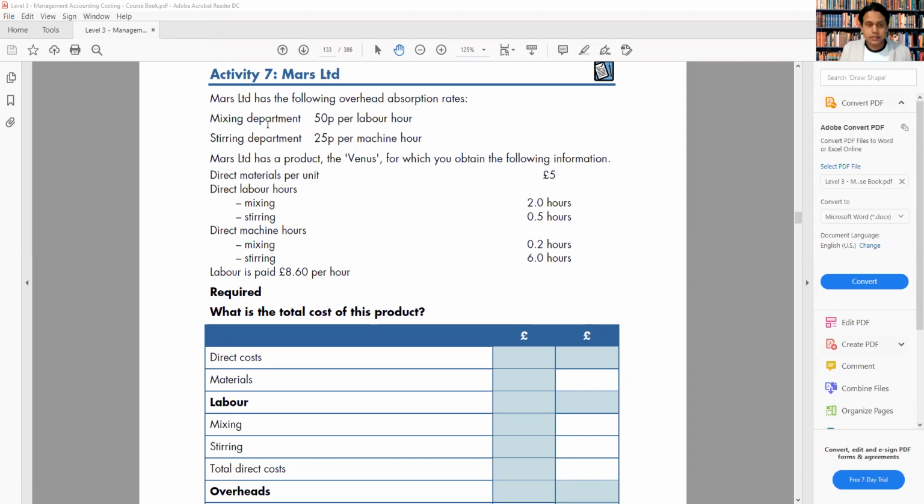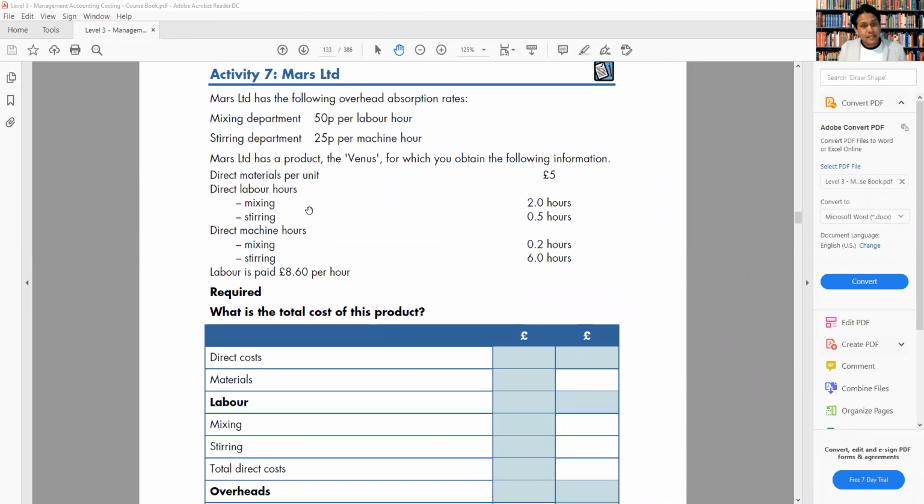Mars Limited has the following overhead absorption rates for the mixing department and the string department. Mixing department 50 pence per labor hour, string department 25 pence per machine hour.